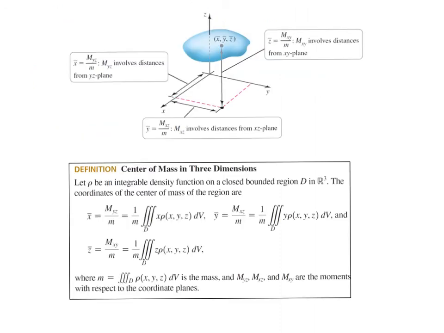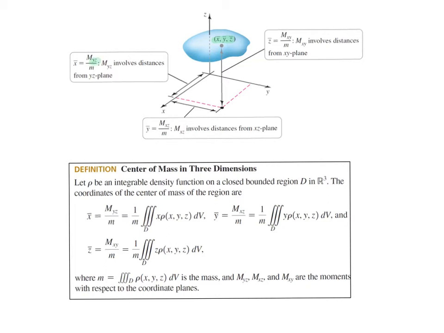So now we're moving on to finding the center of mass for a three-dimensional object. So imagine this three-dimensional object that we're balancing. So it's going to balance on an ordered triplet, a point that has an x bar, y bar, and a z bar. And when we find our x bar, we're finding total moments over mass, where the total moments are with respect to a distance away from the yz plane.